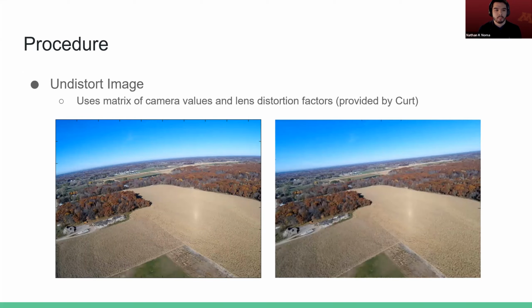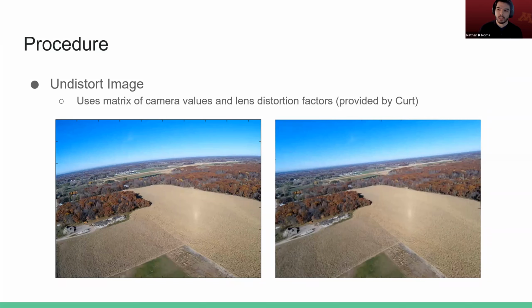So first, to take the image and remove the fish lens effect, we would just need a matrix of camera values and lens distortion factors that are dependent on its geometry. This was all provided by Kurt. Like I said, I wasn't able to gain access to the camera, so thankfully I already knew all this information from previous work.